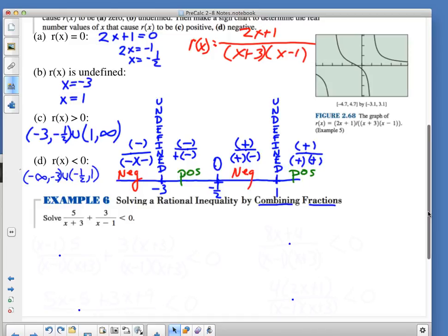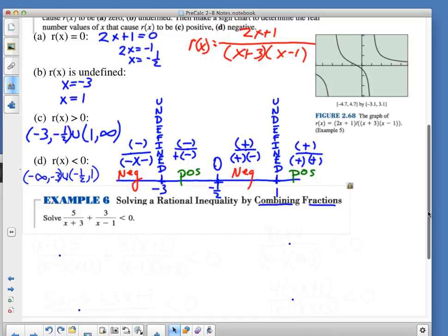In 6, when we're looking at a situation like this, I need it as a rational function. So I need to get like denominators, multiply the left side by x minus 1 over x minus 1.